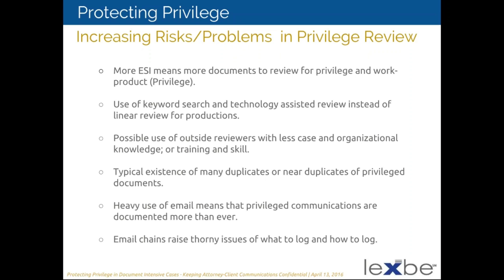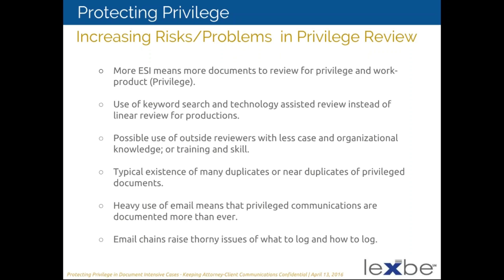There's often many duplicates or near duplicates of privileged documents and some can be caught and others missed, and that's a problem. Heavy use of email and how to handle the strings and with privileged communication is a knotty problem more than ever, and how to log that.